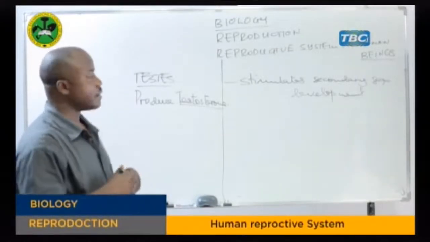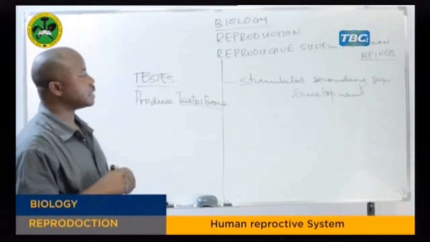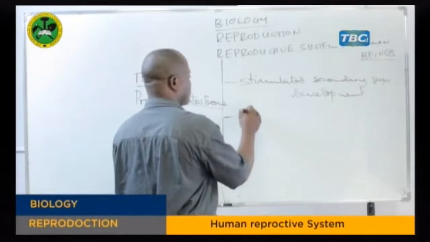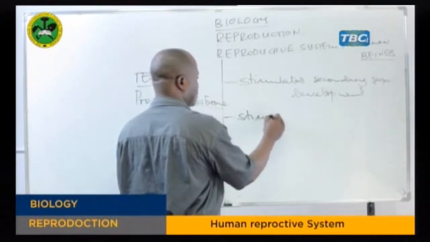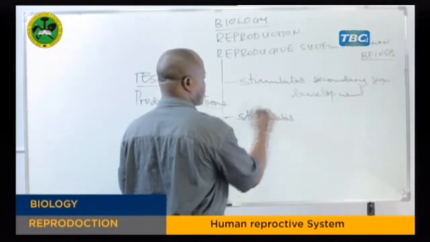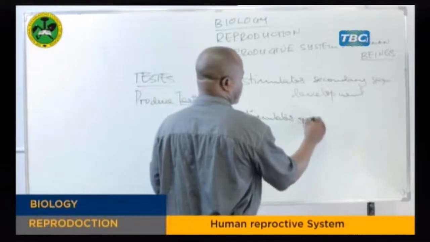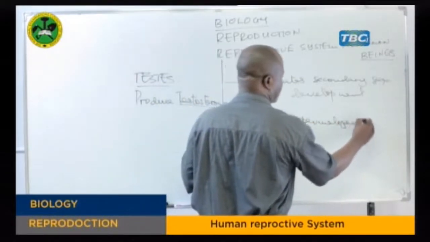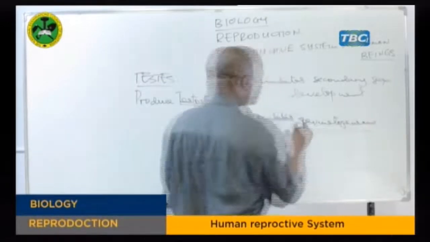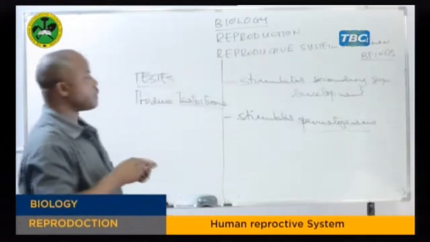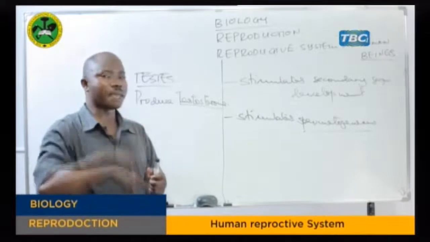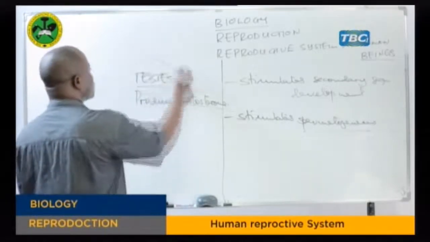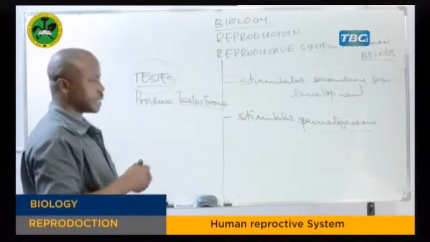The second function is that it stimulates spermatogenesis. These are functions performed by testosterone in the male reproductive system, as this hormone is produced within the testis.